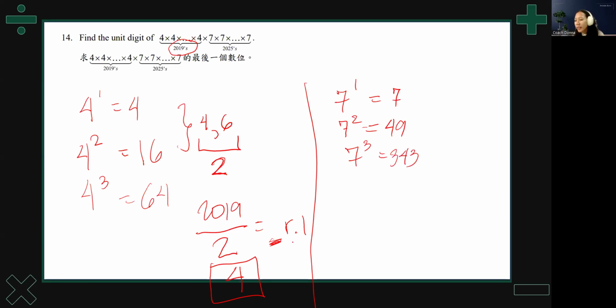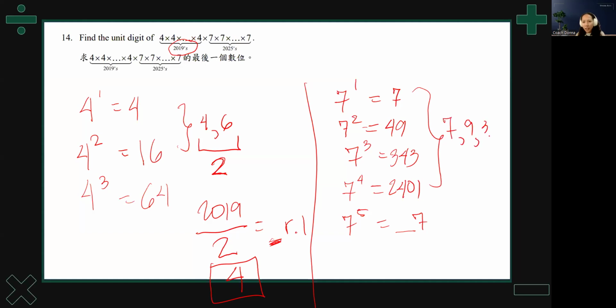Multiply it by 7 again, you'll have a number ending with 1. Multiply by 7 again, you'll have a number ending with 7. So the pattern is basically 7, 9, 3, 1, every 4 numbers.